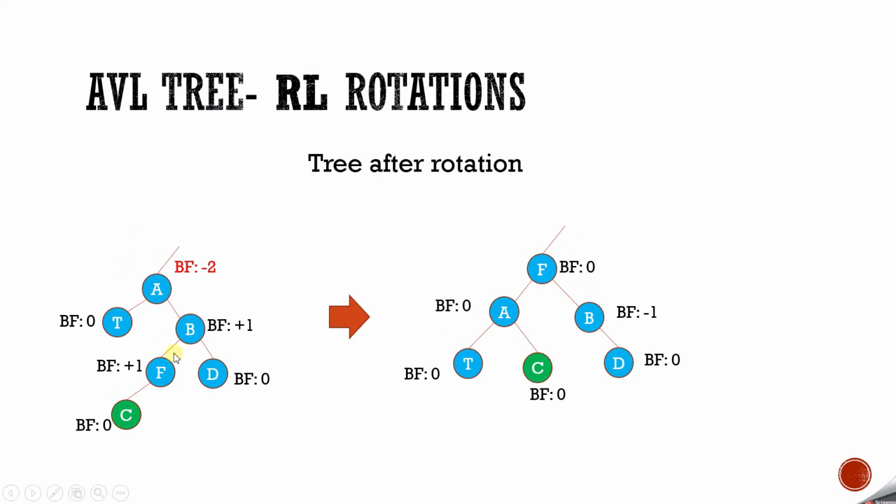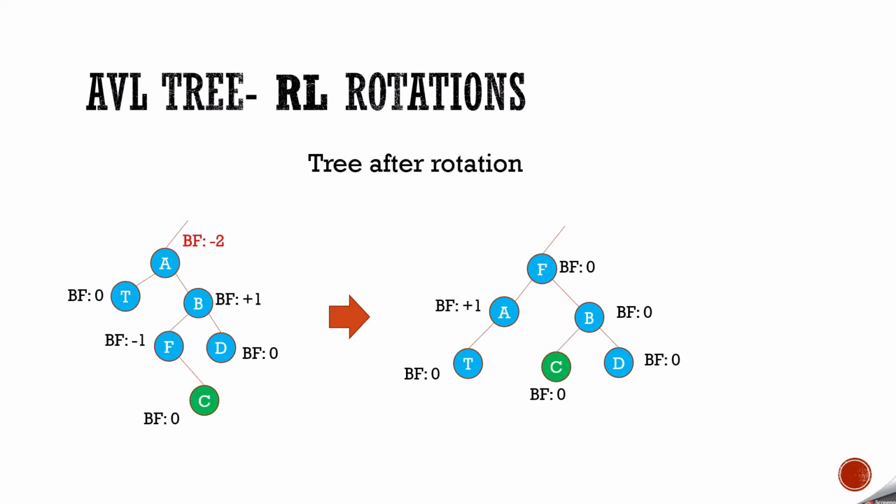Similar to that, F, our grandchild, becomes the root node, and C, which was initially the left child of F, becomes the right child of A, the node whose initial balancing factor was -2. So the new node is attached to that particular node, in almost the same way that we have seen in LR rotations.